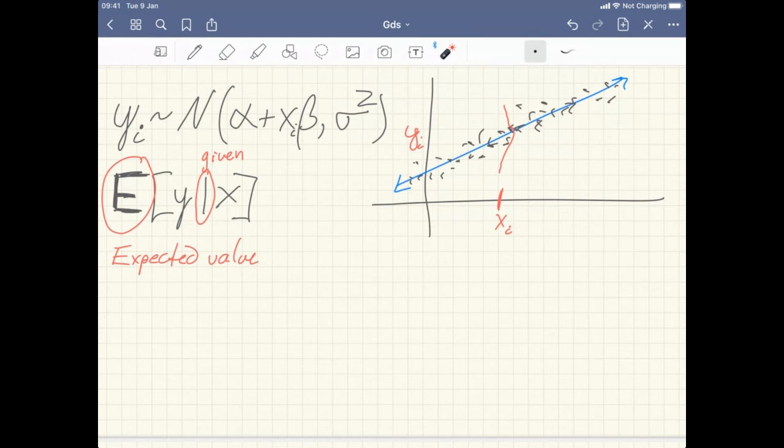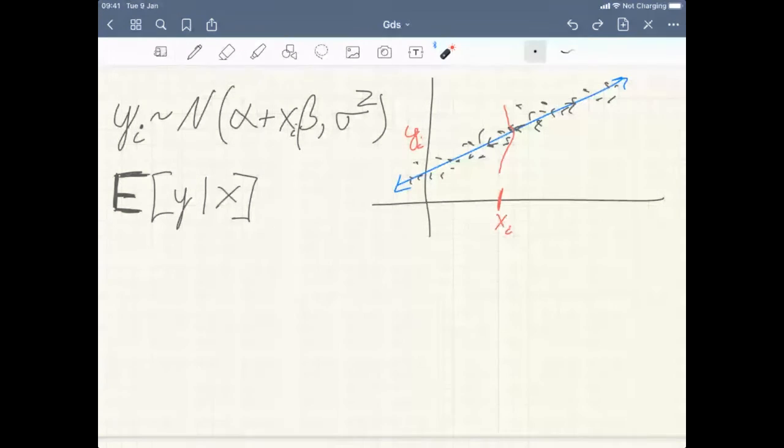But that doesn't change the fact they're just making conditional expectations. Okay, so I'm going to erase that. So we denote that with this expectation operator. And linear regression is just about trying to predict the expected value of y. Okay?